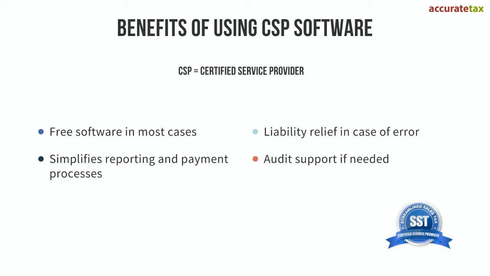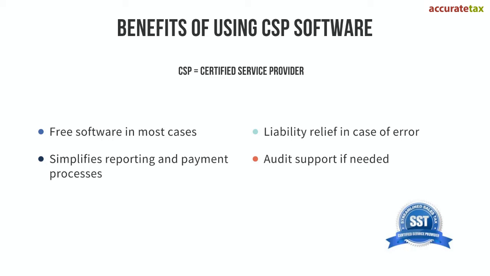So let me explain how that works a little bit. If you have a web store or a blog and you're using Accurate Tax to calculate the sales tax on each order, which is the gist of what we do, you have to pay for that based on the number of calls that you're making, which roughly relates to the number of orders in your store to taxable states, to states where you have to collect sales tax.